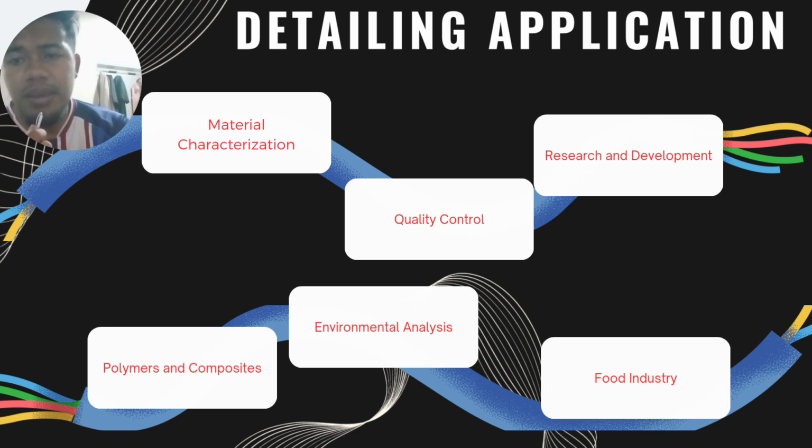TGA can determine the moisture content in food products, which is crucial for quality control and shelf life prediction. Last, polymers and composites. TGA can analyze the thermal stability of fiber and matrix materials in composites, which is important for applications requiring high strength and thermal resistance.